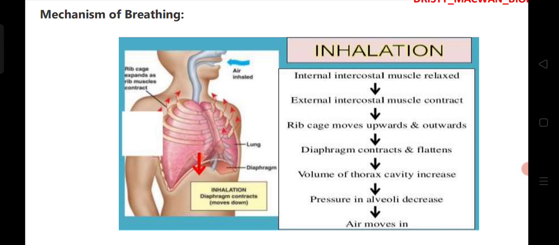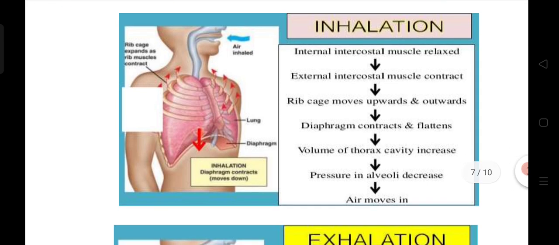Due to the pressure exerted on the diaphragm by the air entering the lungs, the lungs increase in size, and the diaphragm is pressurized and becomes flattened, right? Then the volume of the thorax cavity increases.